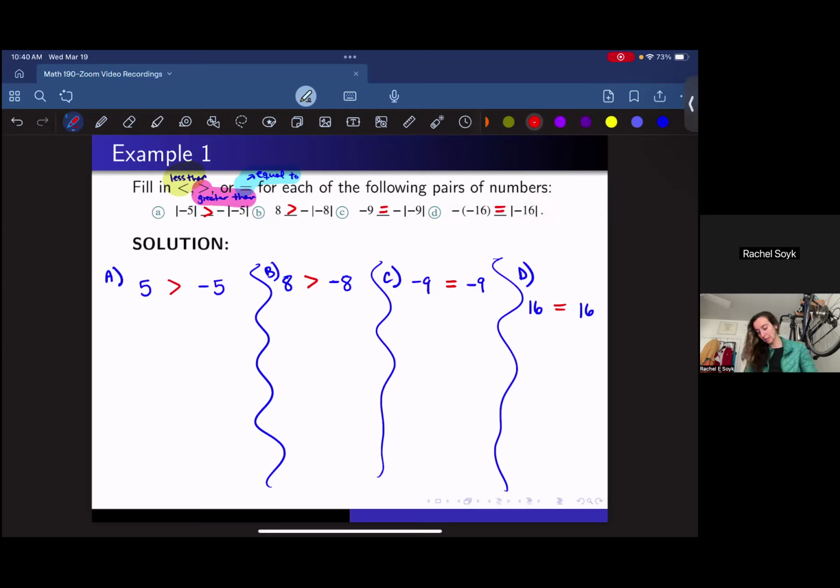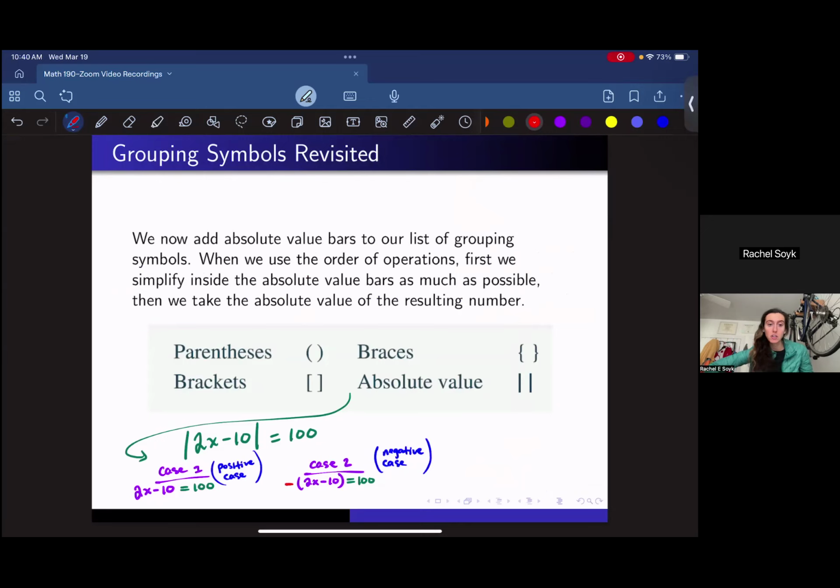Let's move along. So we have another notes page, just talking about different grouping symbols. And so we have parentheses, we have brackets, we have braces, which we've talked about in our previous lesson together. But the additional one that I want to add to it is our absolute value. Absolute value sort of has two meanings.